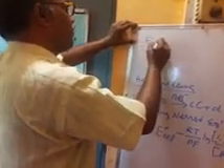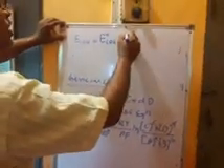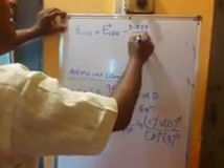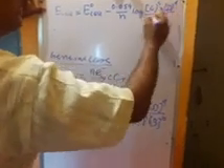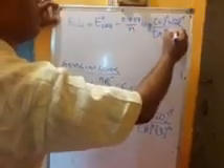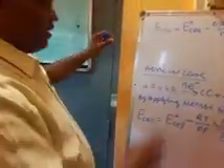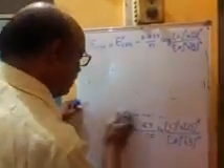Now this can be simplified: E cell will be equal to E naught cell minus, since ln x is equal to log x, if you put all the values, then it will be equal to 0.059 by n log C to the power c into D to the power d by A to the power a into B to the power b. Or you can say anode oxidized by cathode oxidized.